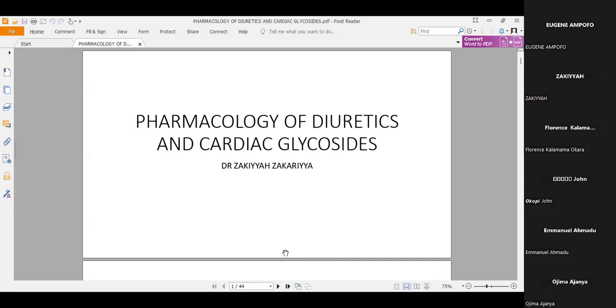Okay, so that means from all the loop diuretics, the safest to give a pregnant woman is torsemide. Though we have to give all of them with caution, but the safest is torsemide, right? Okay, thank you.